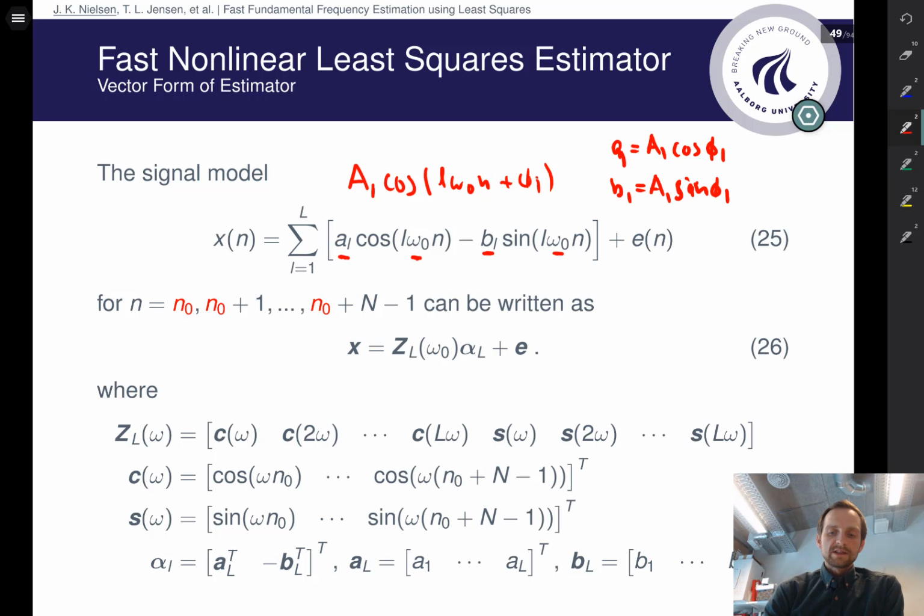Another thing we have changed is that we haven't really decided how we would select the first time index. Before it was 0, but now we have left that open, so it could be anything, and it actually plays an important role later, because if you select it as (N minus 1) divided by 2, then it will speed up the algorithm.